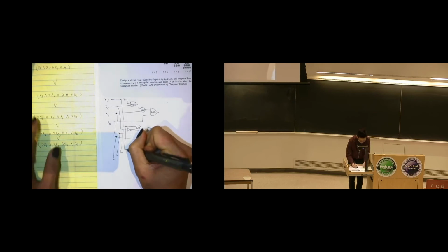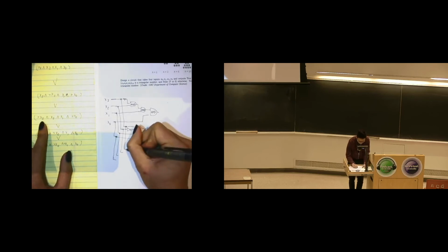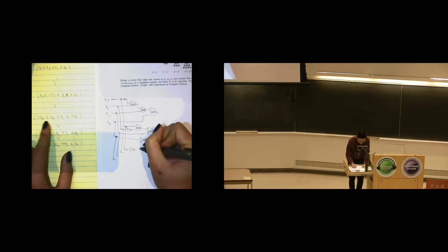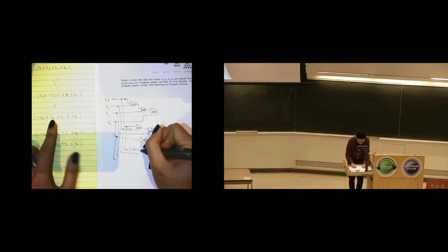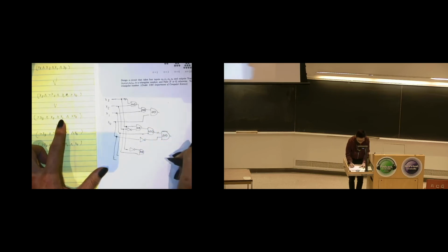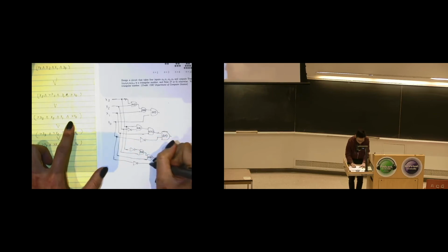So this is not x3, AND with x2, and the result will be AND with x1. The result will be ANDed with not x0, so you need a NOT here.